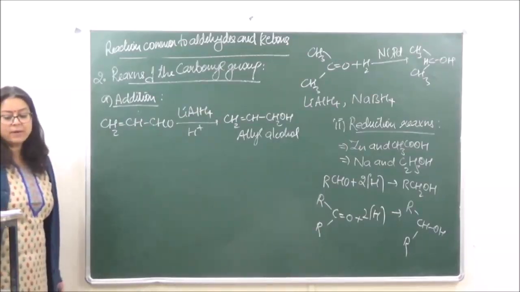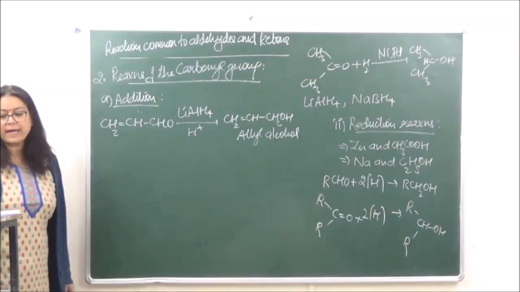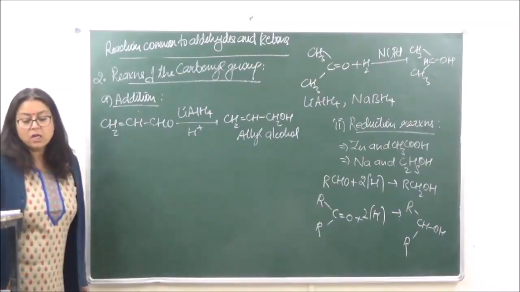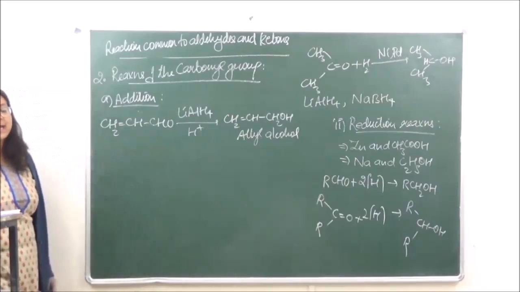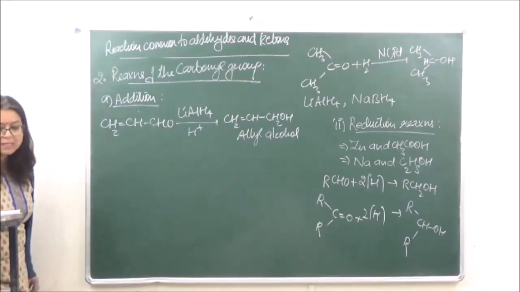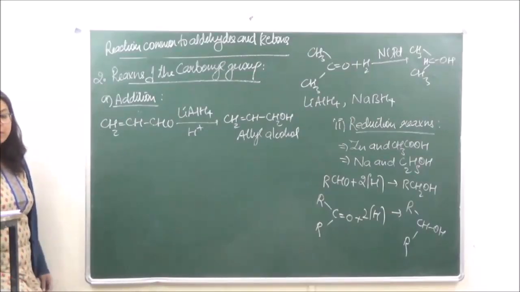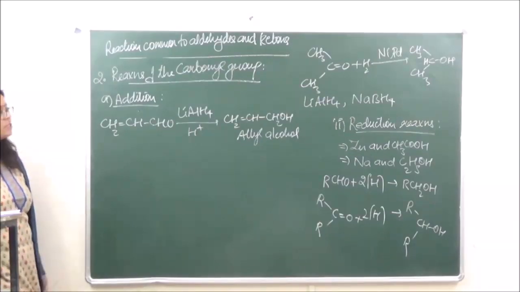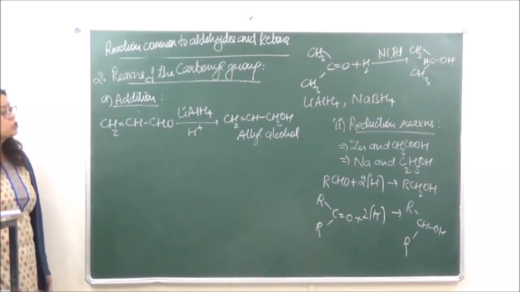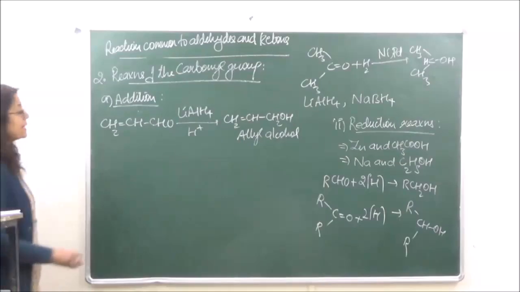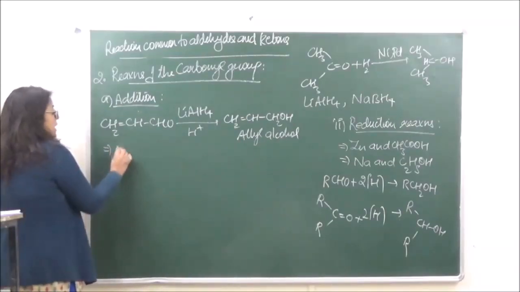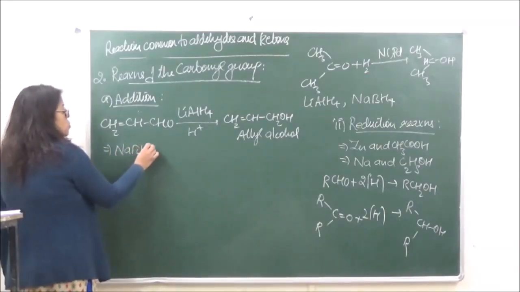So if you're using lithium aluminum hydride, the double bond is going to remain as it is. So unsaturated aldehydes can be reduced to unsaturated alcohols without affecting the double bond in presence of reducing agents like lithium aluminum hydride in dry ether, or sodium borohydride in alcohol. That is another reducing agent which we can use over here.